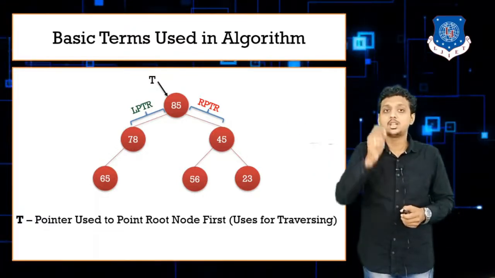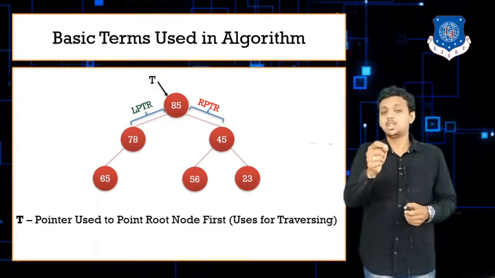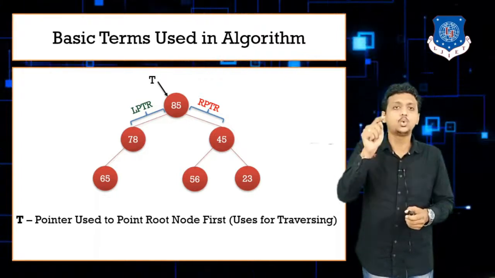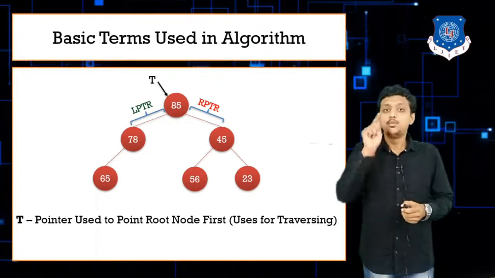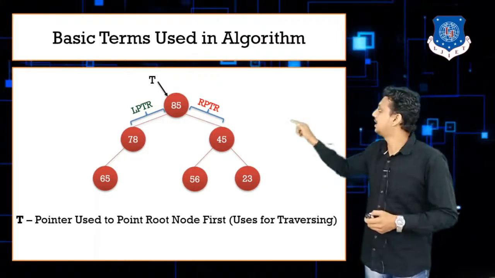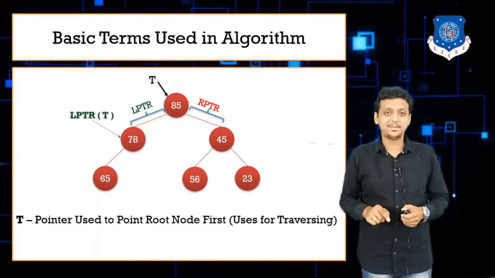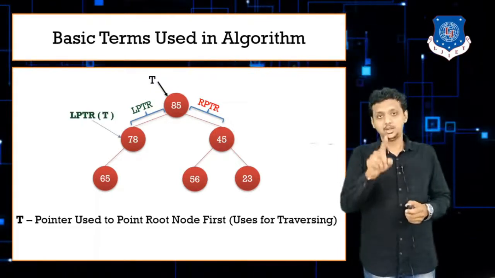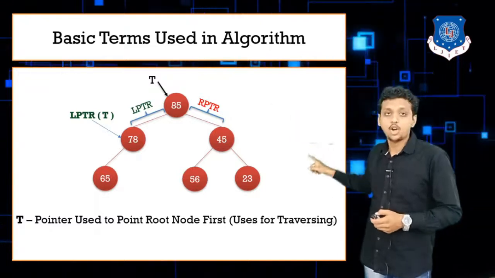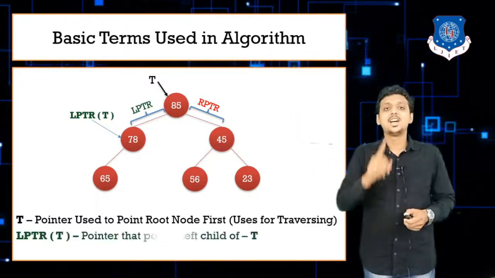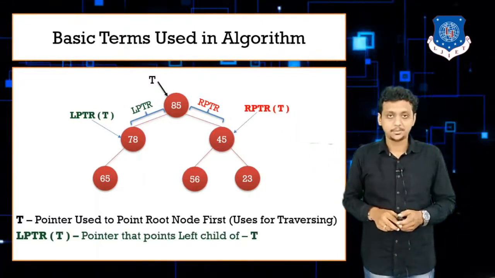Students, if the root node name is T, that means if I am assigning a pointer T to the root node, then what is the name of 78? What is the name of 78? LPTR of T. LPTR of T. Okay. And what is the name for 45? It is RPTR of T.